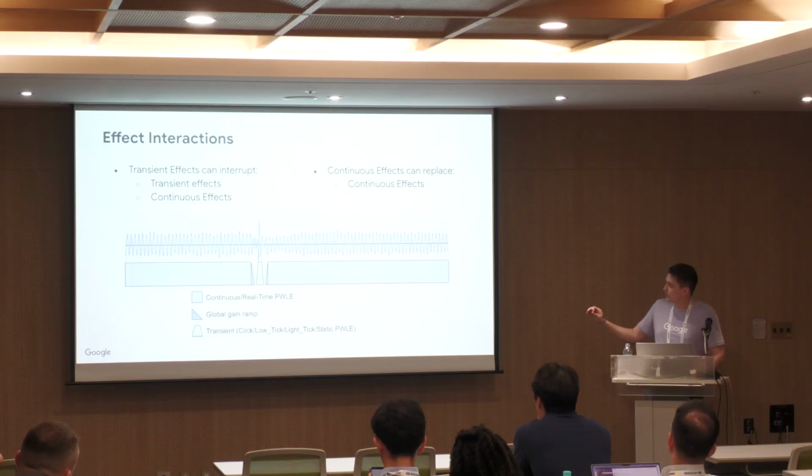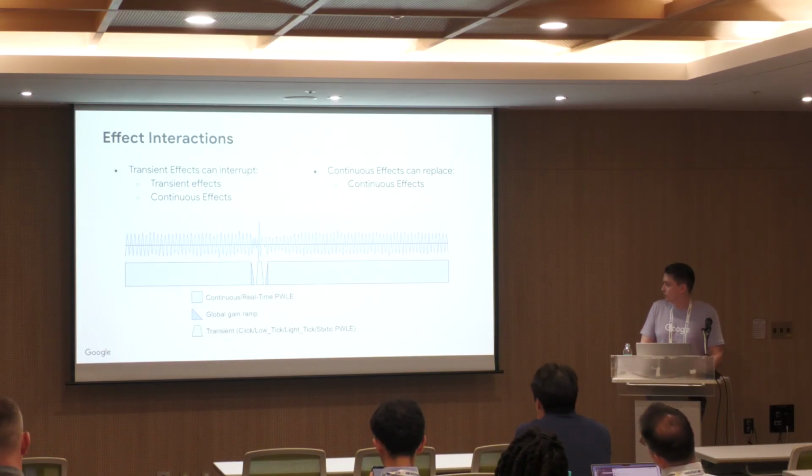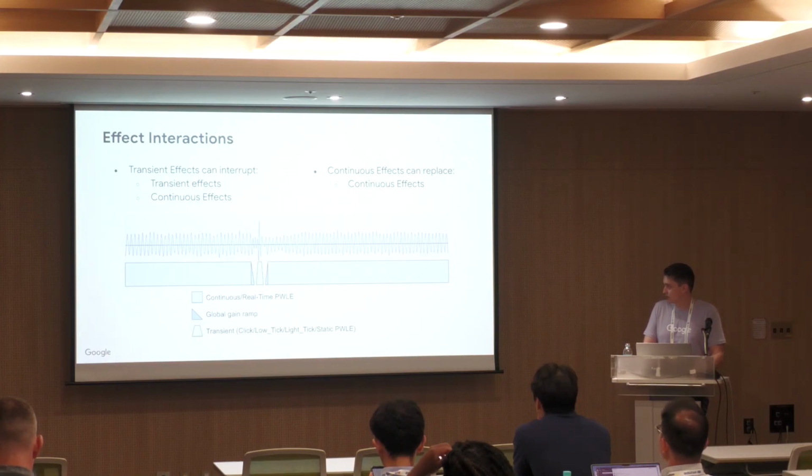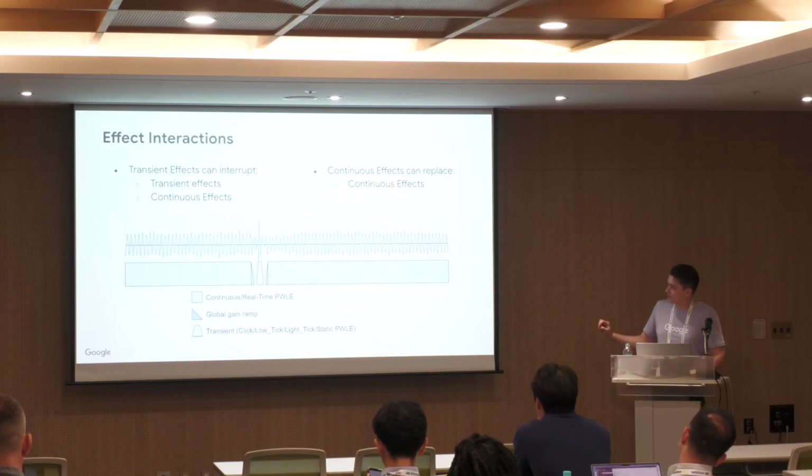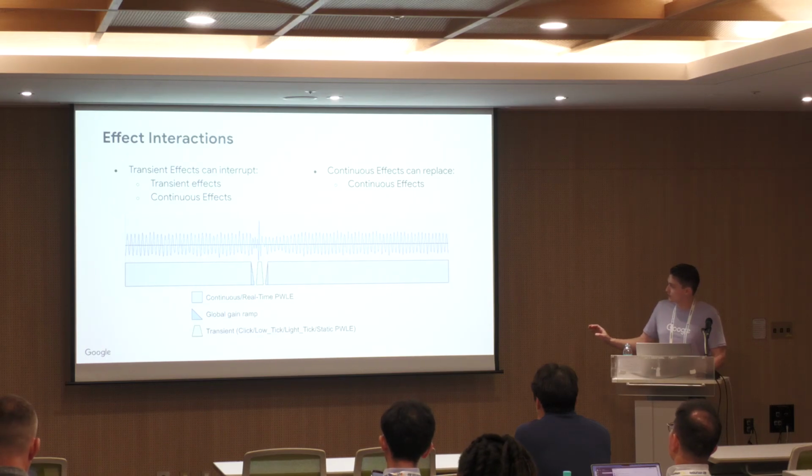The transient effect, say a click effect in this case, will interrupt a continuous effect by using amplitude ramps before and after, so that the output voltage will drop to zero before the new effect plays. This lets us create more consistent, complex interactions between haptic effects that were difficult to do with existing APIs.